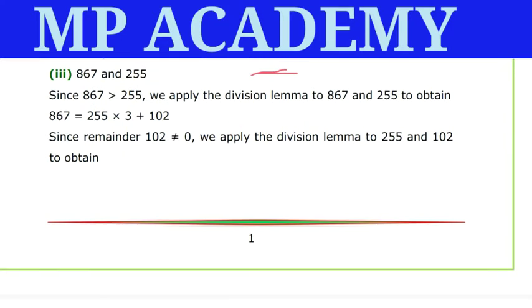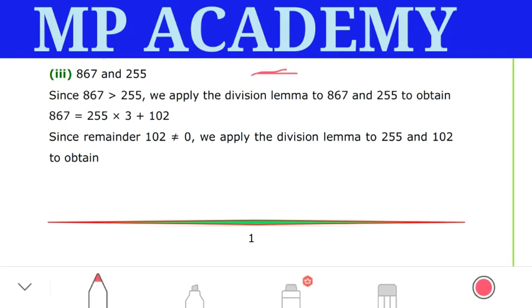Next question is, we have to find the HCF of 867 and 255. Now 867 is greater than 255. So here we apply division lemma according to the division algorithm of Euclid's. So here we divide 867 by 255 and get quotient equal to 3 and remainder equal to 102.